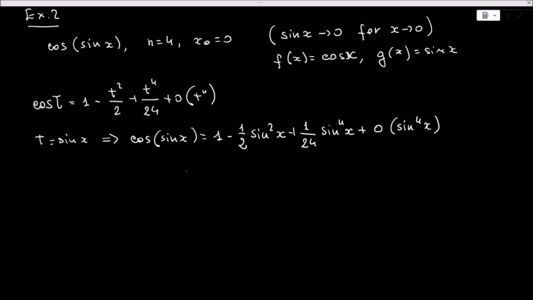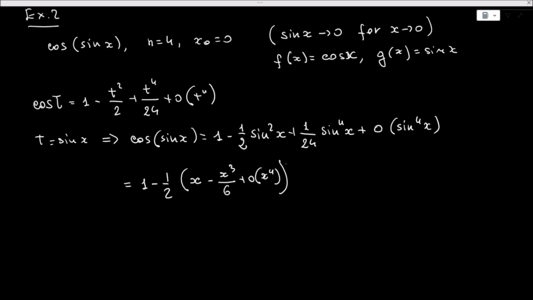Okay, so this is equal to 1 minus 1/2. We need to expand sine of x now. And sine of x will be expanded into x minus x cubed divided by 6 plus little o of x to the 4th.